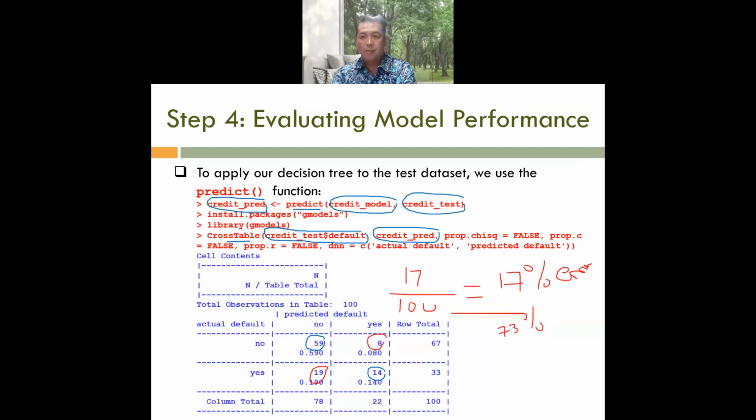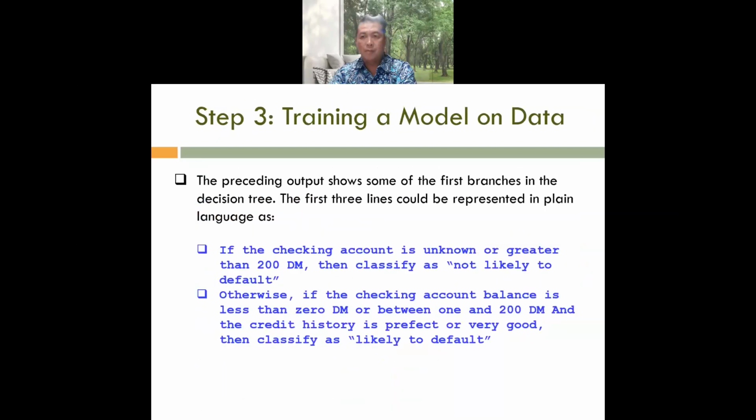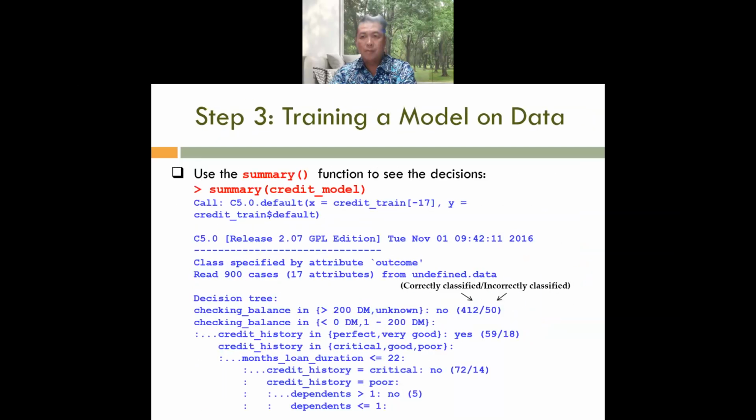This is for the testing, but what is the decision tree that we have? So we can use the summary here to show what are the rules that we can see from the decision tree. So here the decision tree says that if your checking balance is greater than 200 Dutch money, then you are not likely to default.